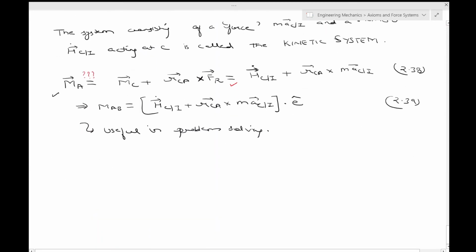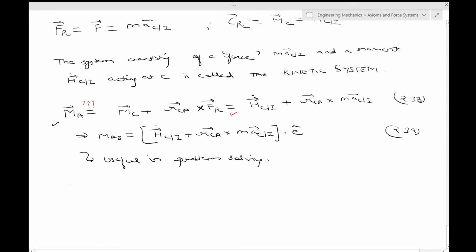Now we want to finally write H A dot. So these are all special cases of what we have just seen.